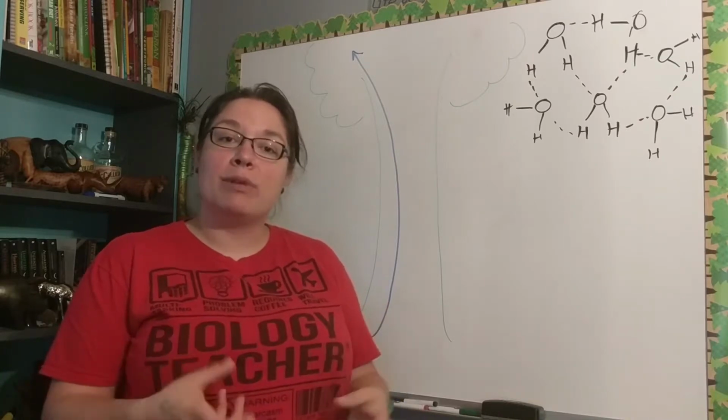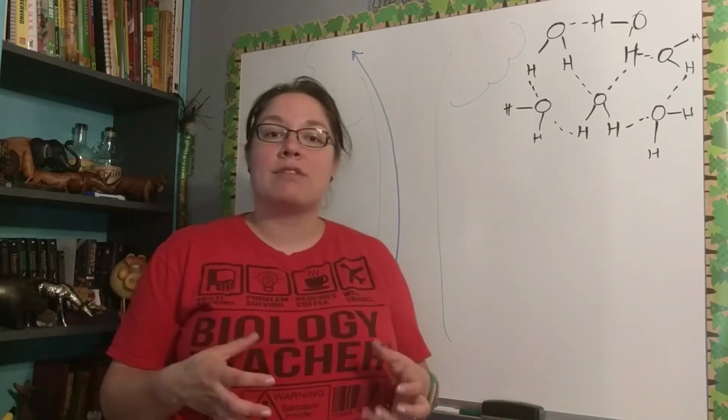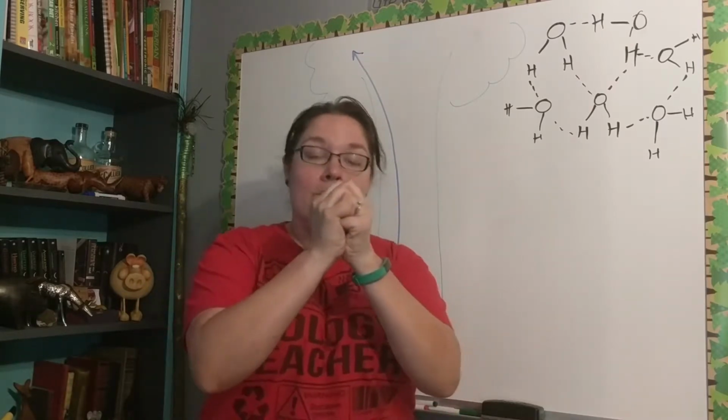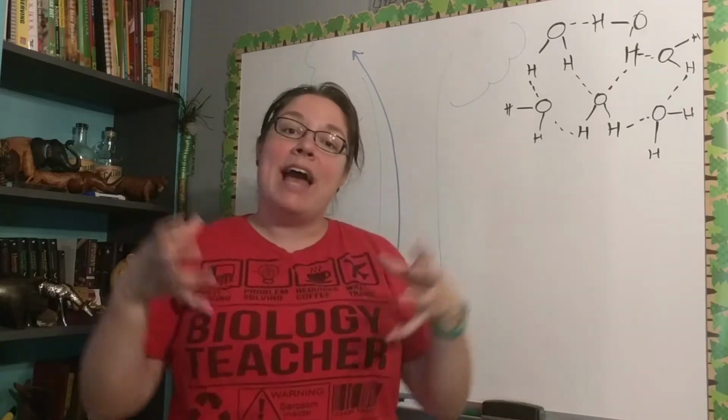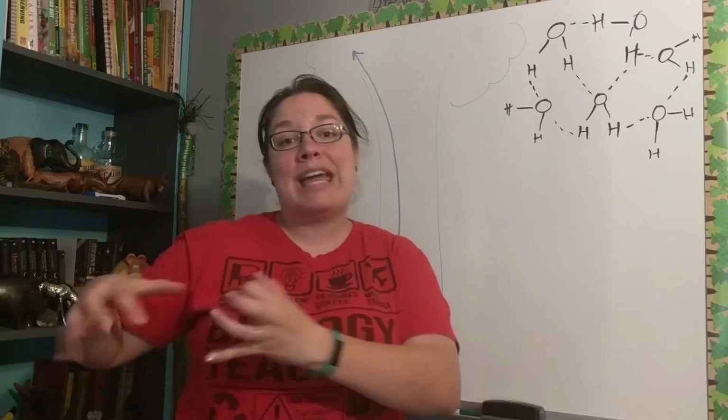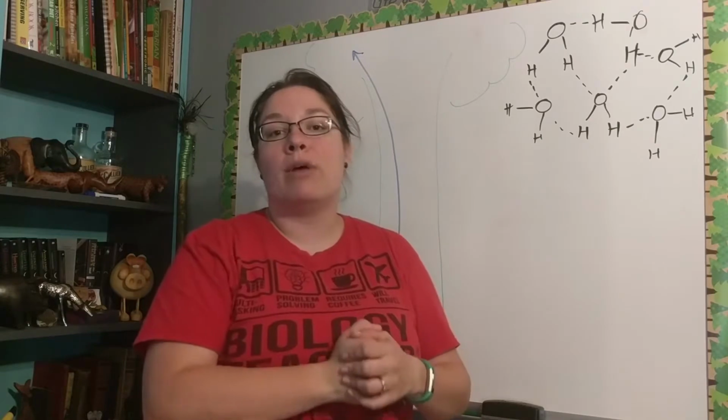The inside of your blood vessels is actually polar, so the cohesive properties of water allow the water molecules to stick together, and the adhesive properties allow the water molecules to stick to your blood vessels and pull their way through them.